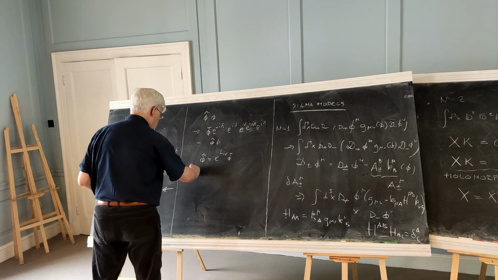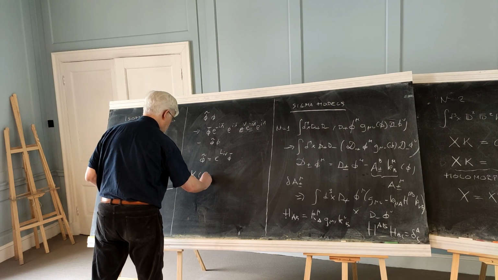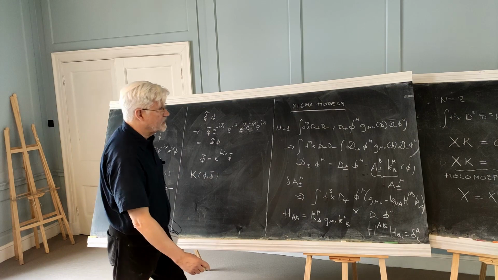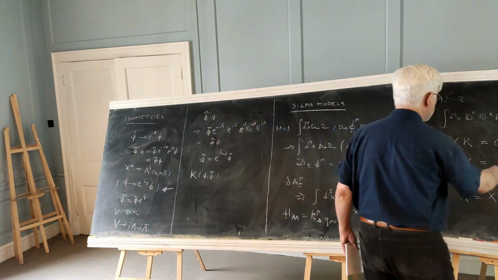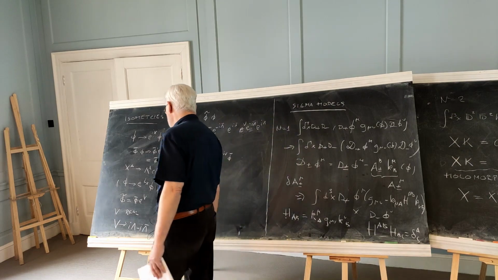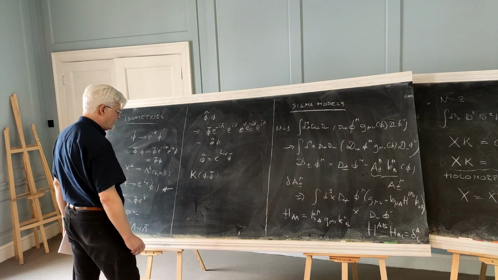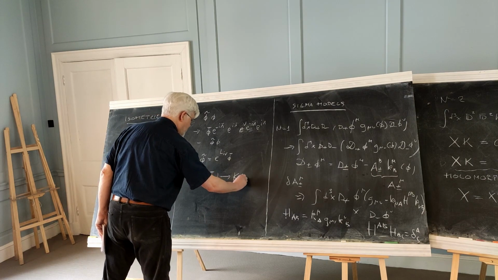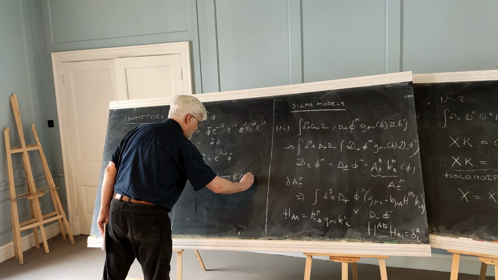So now we know how to gauge. Remember, the problem is that we want to gauge this one, and we need to do it in an N=2 supersymmetric way, and that is gauging this to read phi tilde.